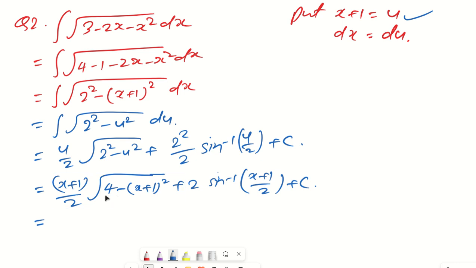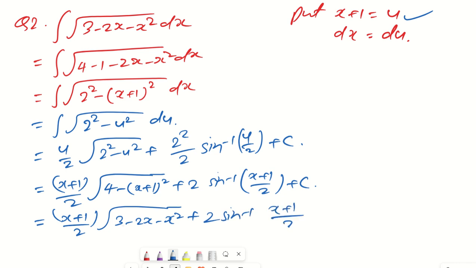So this will come as 3 minus 2x minus x square, right? So I can write it again, x plus 1 by 2 square root of 3 minus 2x minus x square plus 2 times sine inverse of x plus 1 by 2 plus c.